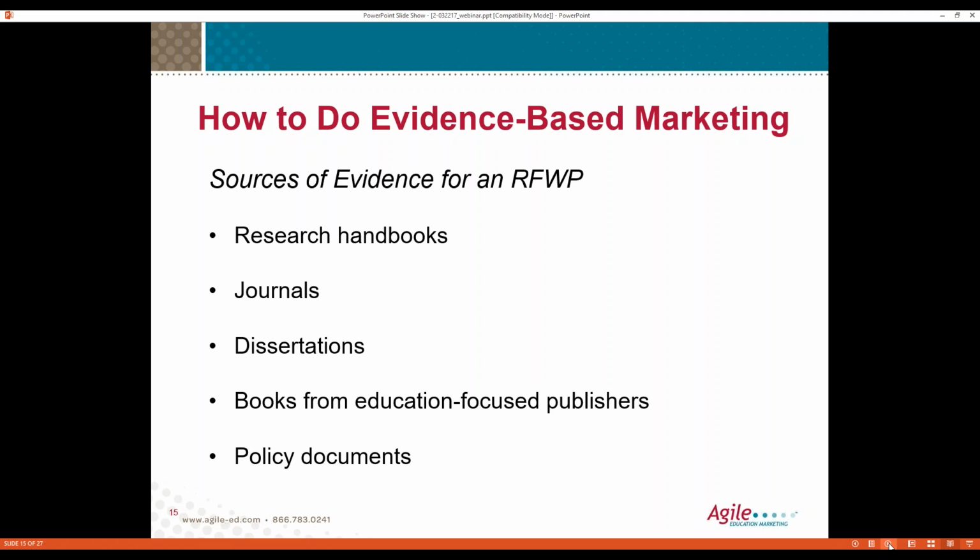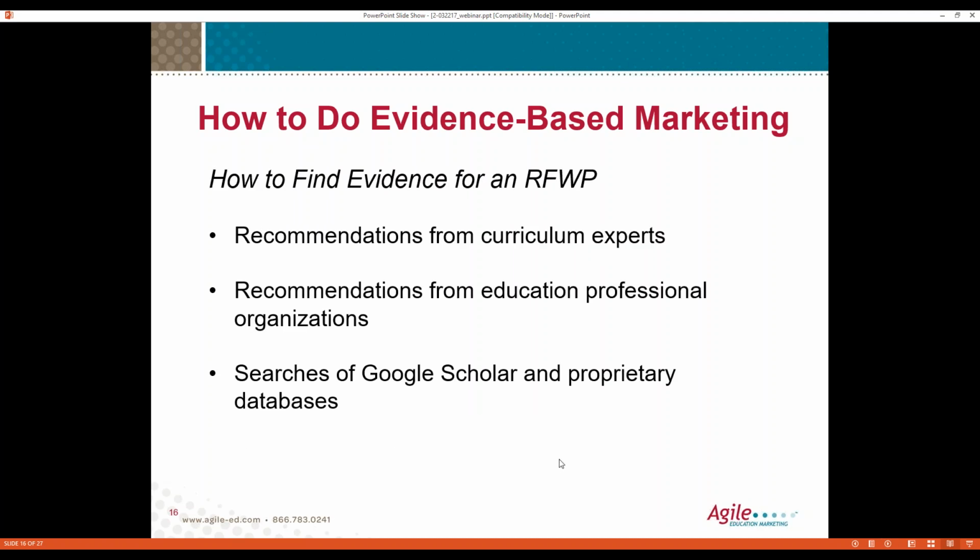Okay, so next, let's go on. We're talking about how you find evidence for a research foundation's white paper. So how do you find those sources? The first way is from curriculum experts. You may have curriculum experts that actually work in-house at your company, so you may be able to get information from them. You may also hire consultants to help you with that.